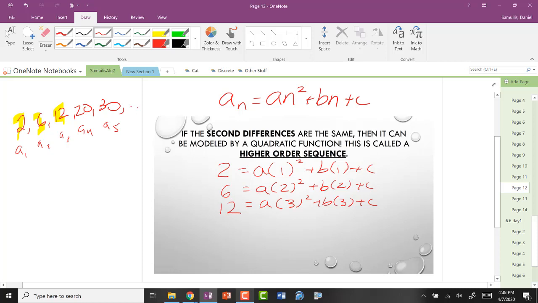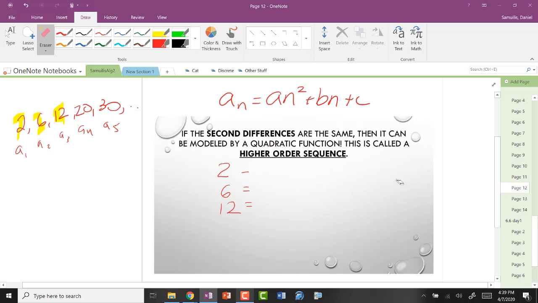Let's clean this up a little bit. 1 squared is 1, 2 squared is 4, 3 squared is 9, and then I have just b, 2b, and 3b.